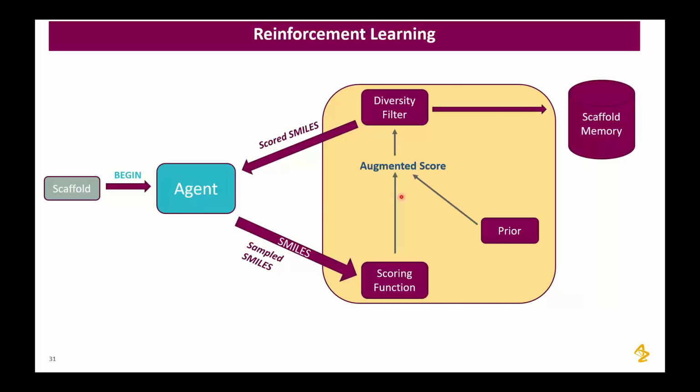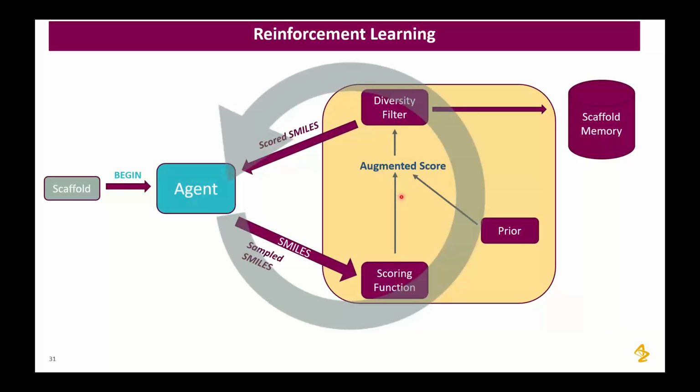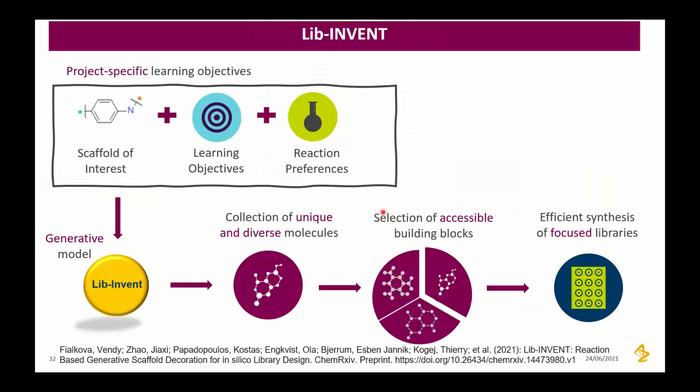The difference here is, oh, I have an animation. The difference here is that we also have something that is called reaction filters, and we add this to the scoring function. So we can enforce a specific type of reaction to be applied to the specific attachment point. And I think here you can see that better from this slide. So I even have a few examples. The goal is to have, on top of your learning objectives, the reaction preferences, and you can generate your data set.